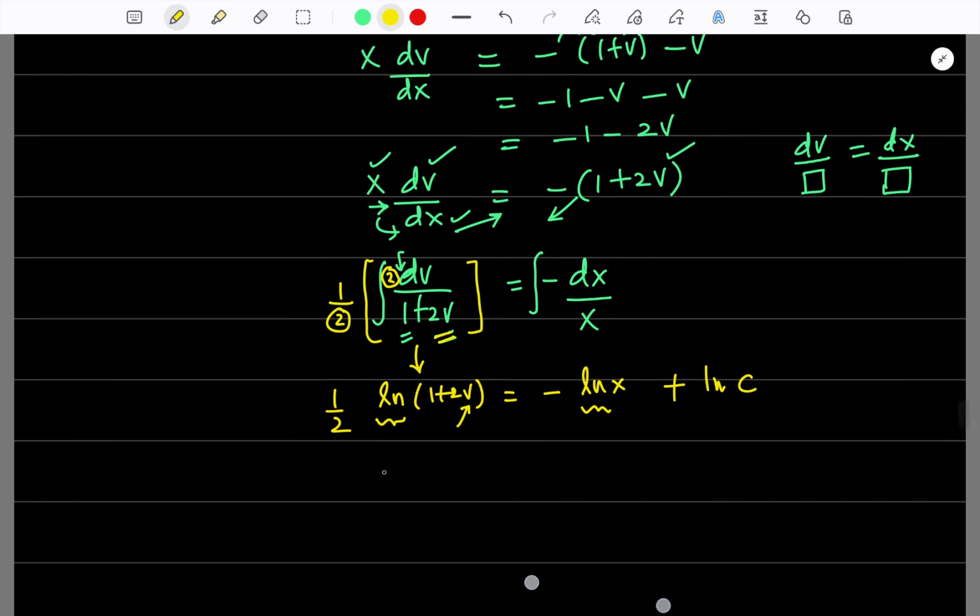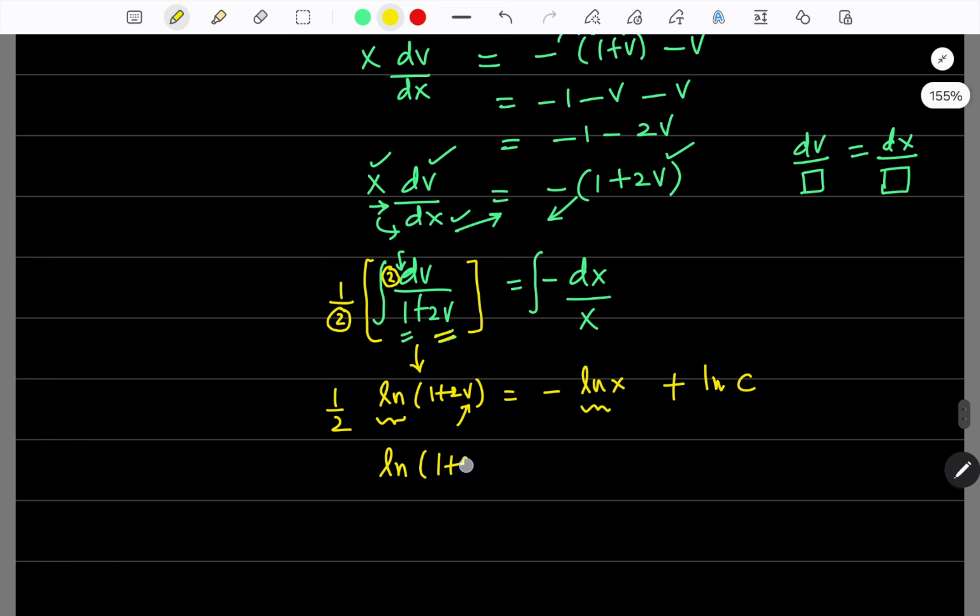Okay, let's start now. So ln of 1 plus 2v is equal to, I'm going to make a small change here. First I'll multiply with this 2. This 2 goes that side, so it will go here as 2 ln x and it will go as 2 ln c.